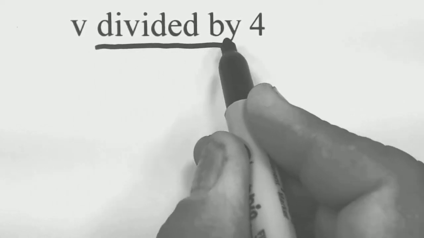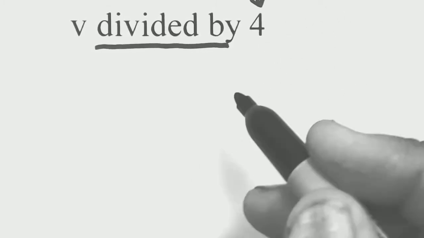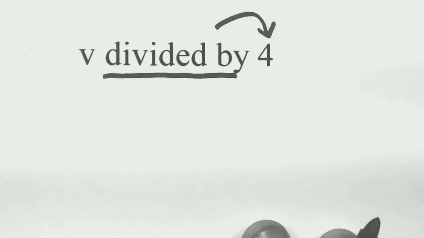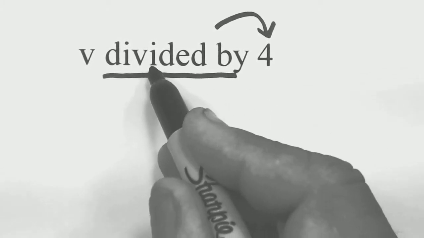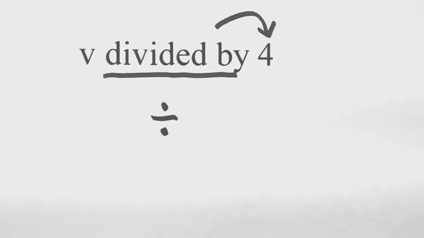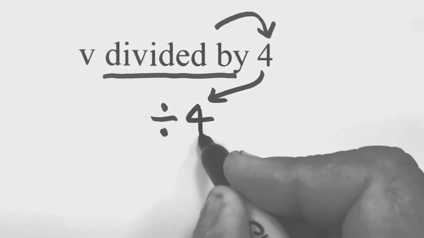Okay, let's take a look at some of the dividing things. Here we go. V divided by 4. Well, not hard to tell that this means division. What are we dividing by? Well, the 4. So remember, division is just like the process we have with subtraction. You have to be careful. Whatever you're dividing by has to follow the division sign. Well, there's a division sign, so the 4 has to follow that.